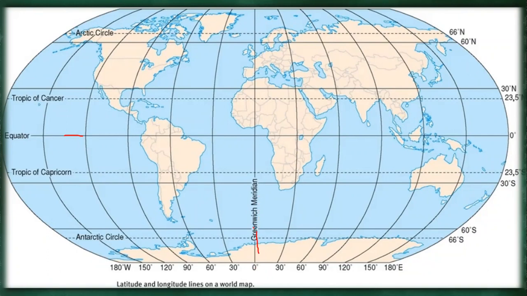Let me do it in red, so you can see that the Greenwich Meridian divides the east and the west part.